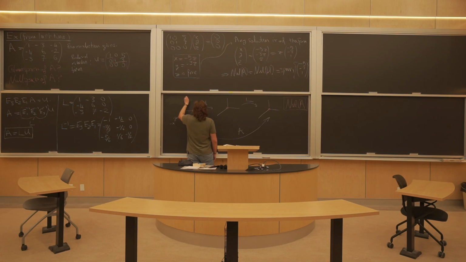And then z is 1. So it's something like this. Through this point there passes a unique line, and that is the null space.